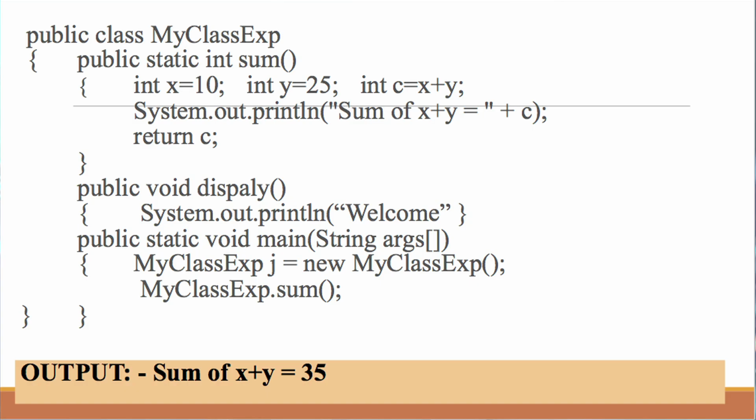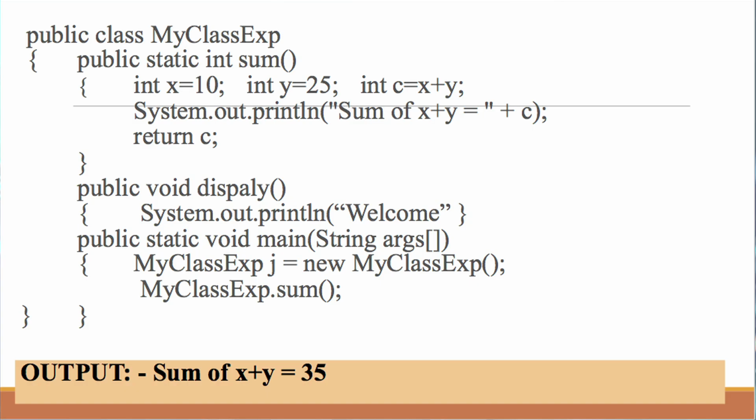Now see in the public static void main, inside the main you can see we are defining the object of my class example, its object is j equals new my class example. When we run this sum function, because sum is a static function, we will write my class example, the class name, and then the function name.